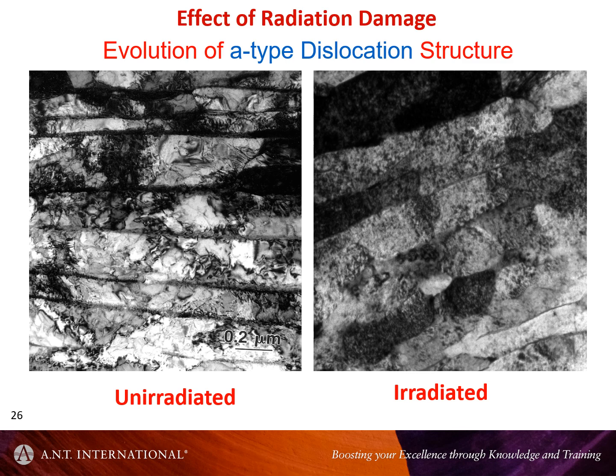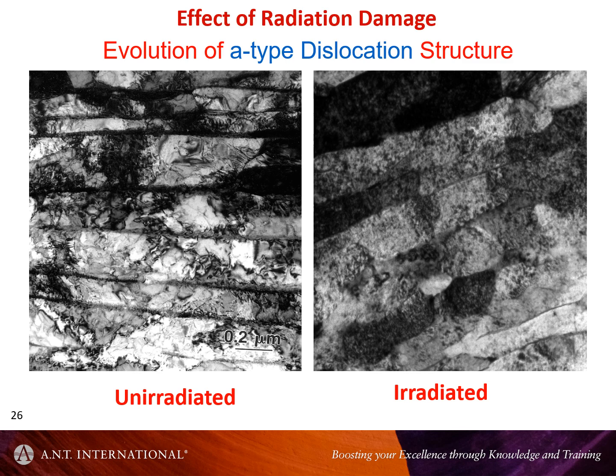So if we want to use TEM to look at the evolution of real components, real engineering alloys, and in this case a cold worked stress relief annealed material, it's very difficult to make any quantitative assessments.